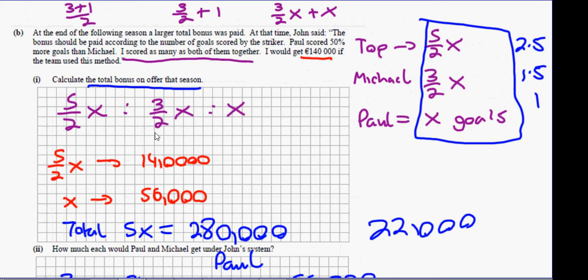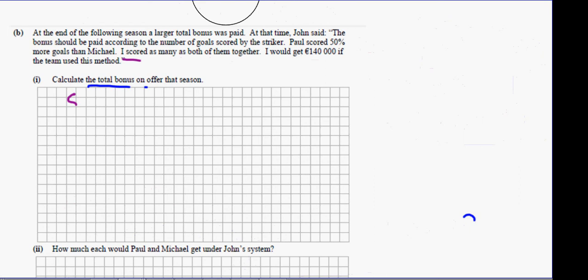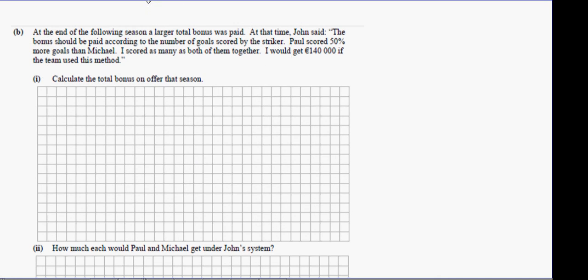And we're just going to rip this out. Now, what we have next is, at the end of the following season, a larger total bonus was paid. Our answer is expected to be what, guys? Bigger than 1,500.